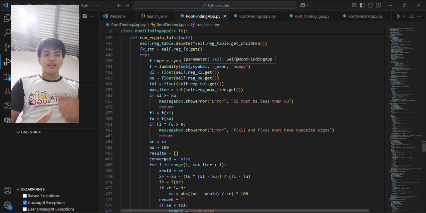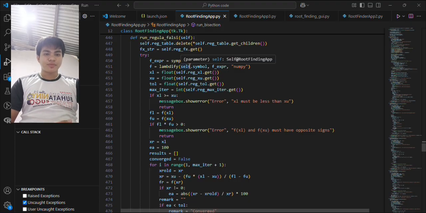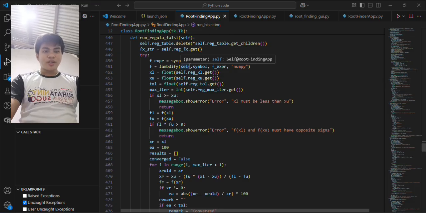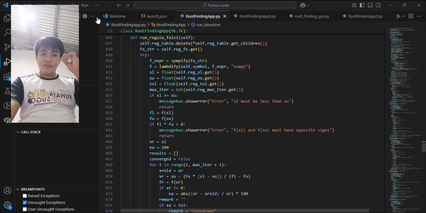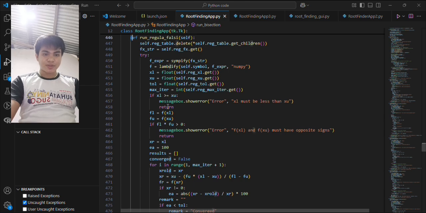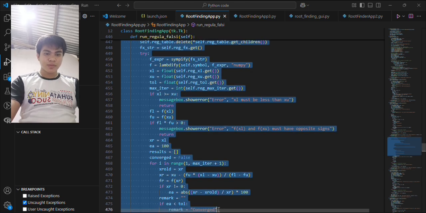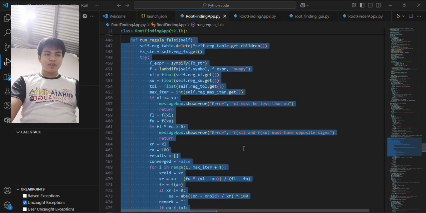It uses the secant line between the points xl and f of xl. Now, let's proceed to run regula falsi.